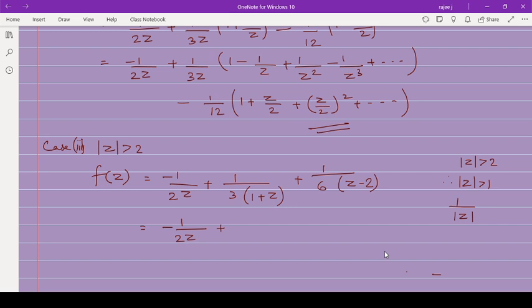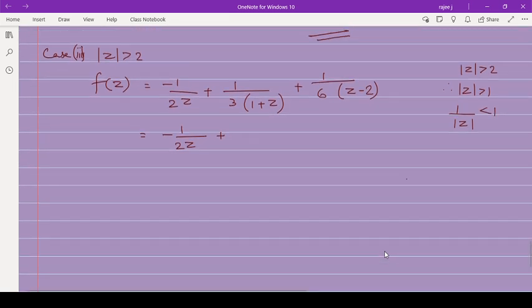See, if 2 is greater than 1, then what will be 1 by 2? 1 by 2 will be less than 1. It's a property of inequality. Very good. If 2 is greater than 1, then the reciprocal 1 by 2 will be less than 1. So 1 by z will be less than 1. This is the first case that we need.